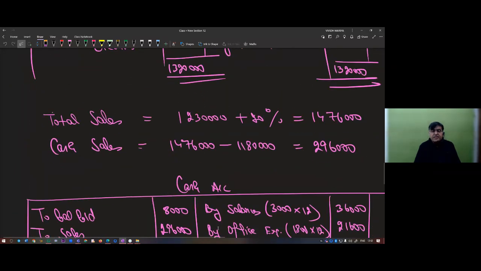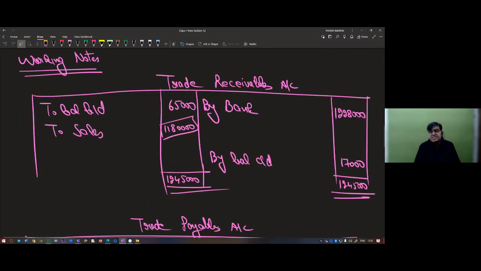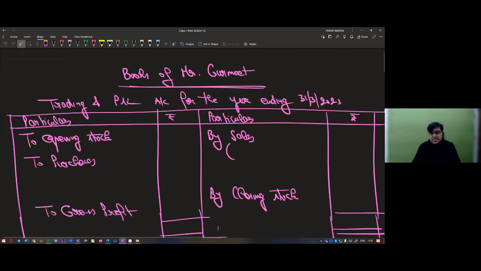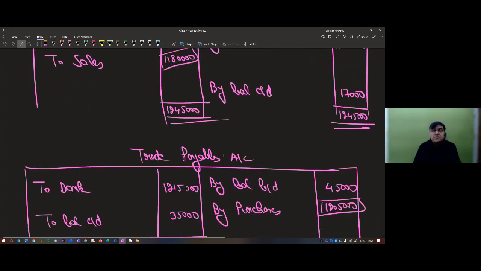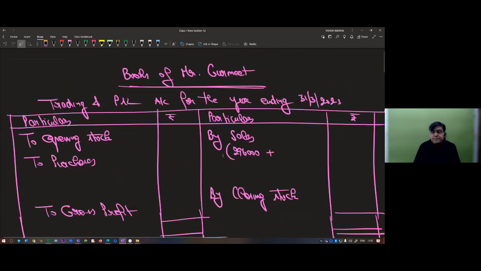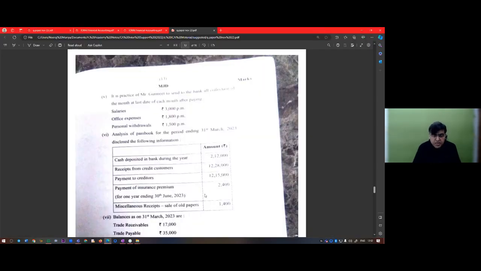Cash sale is here. The cash sale is 296. The credit sale is 1180. So 296 plus 1180 is 1476. Stock is given.